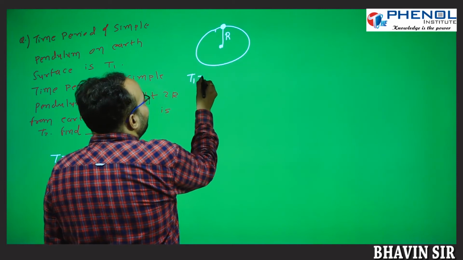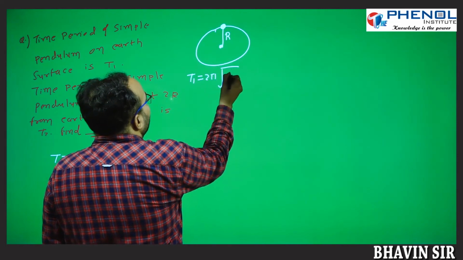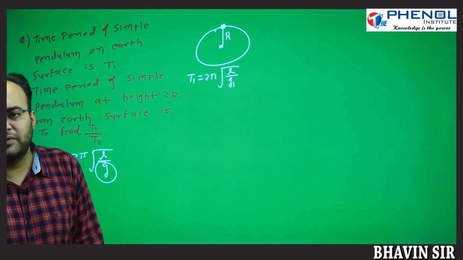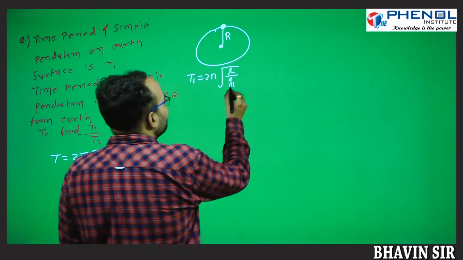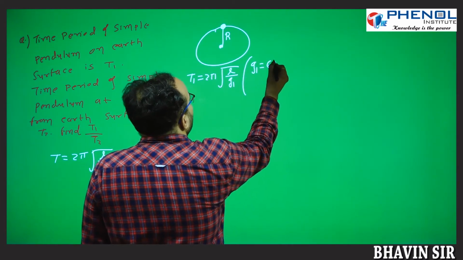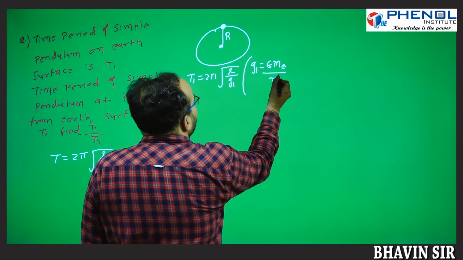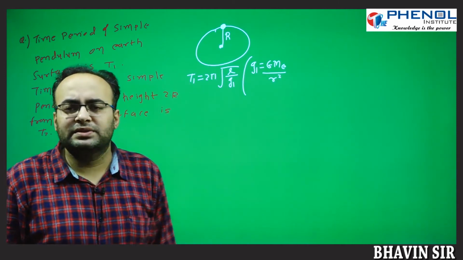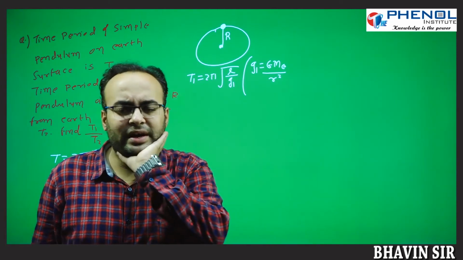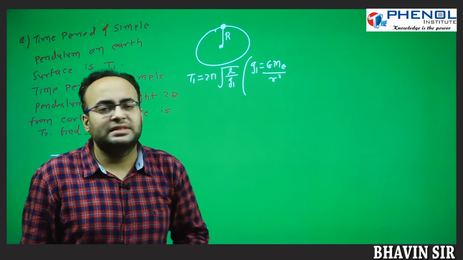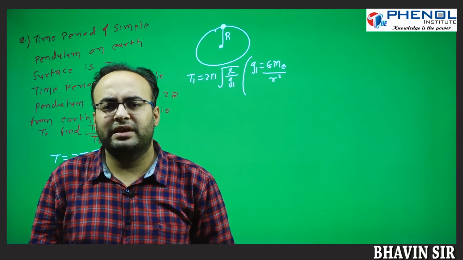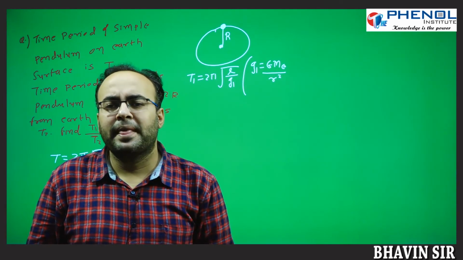Chalo. So what is the formula? T is equal to 2 pi under root L by g1. And what is the formula for gravitational acceleration, students? g1 is equal to G Me by r square. Okay, this is the formula of gravitational acceleration, G Me by r square, where capital G is the gravitational constant and Me is the mass of earth.